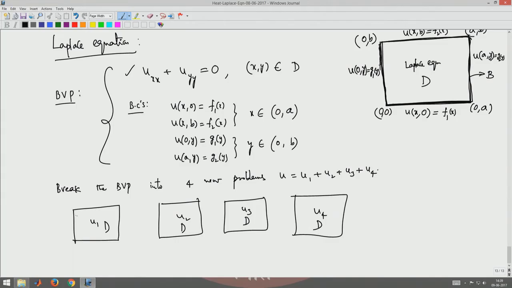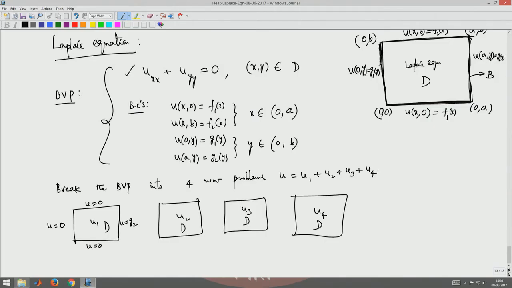So, now here I get f1, so I make f1 0. So u is 0 here, u is 0 here. And here u is 0, and here I make u equal to g2. So I make all these 3 zero and only this one will be non-zero in the first case.